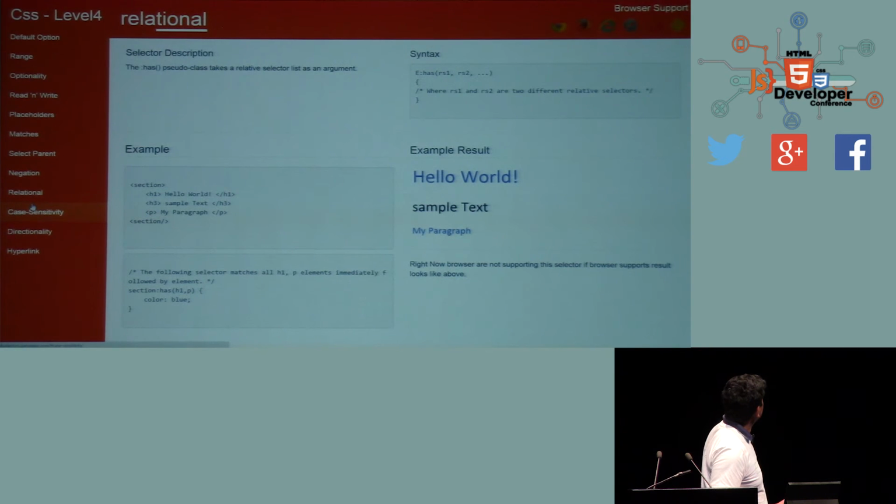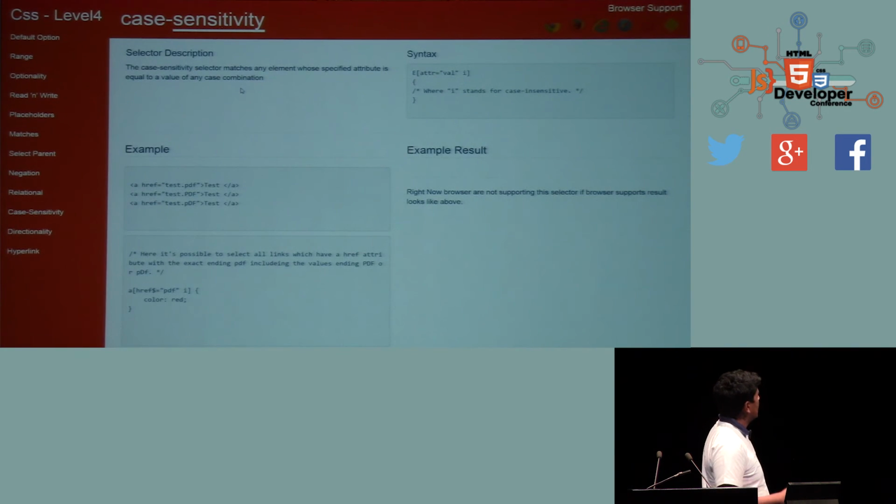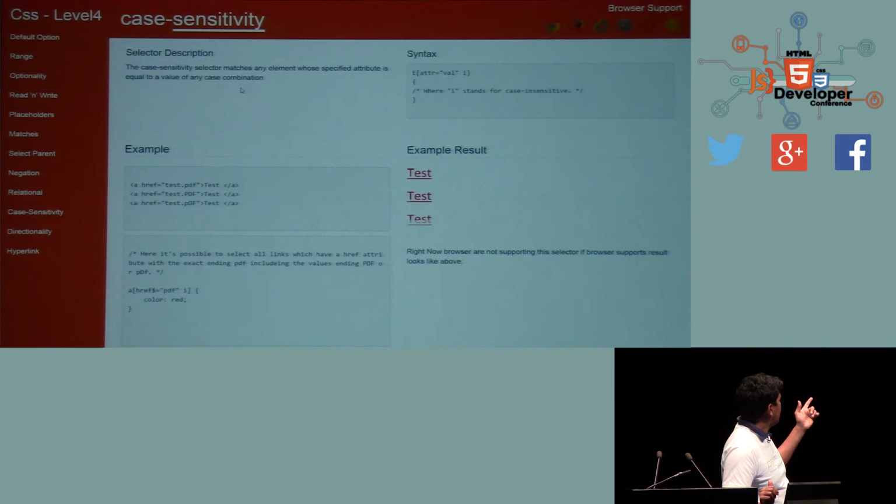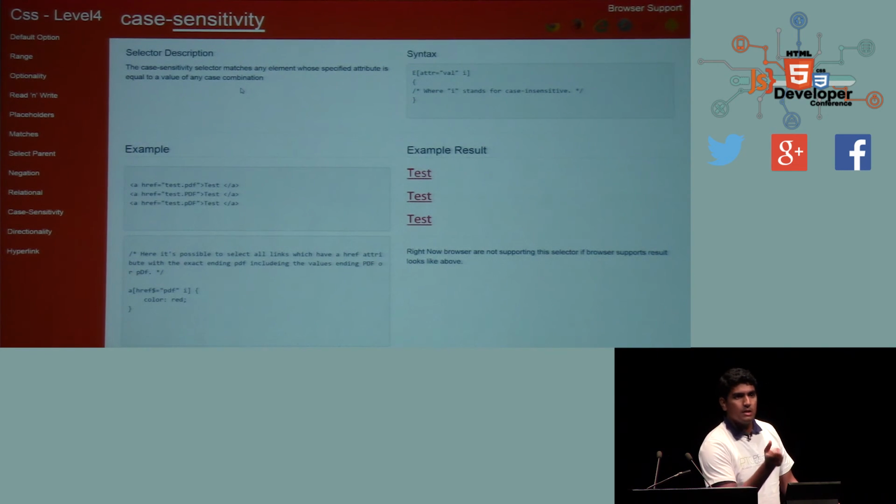The next one is case insensitivity. Okay, so this is another interesting one. So far, we have this particular selector href $= PDF. This kind of selector is already supported by the browser as a part of our CSS. The thing is, if at all you have the href in different cases, either a capital PDF or a small PDF, it doesn't recognize that with our current selector.